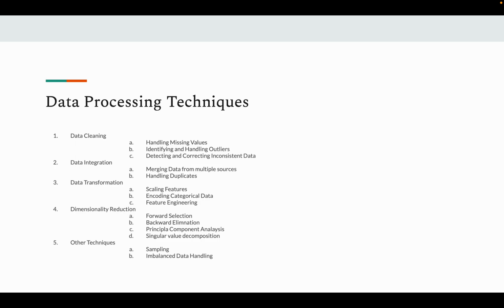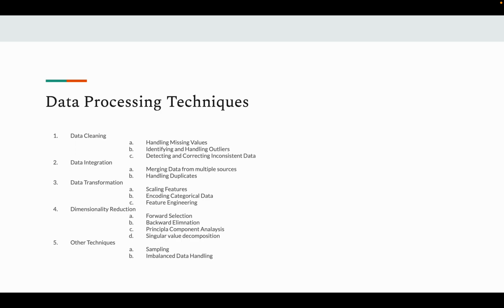Then we need to handle imbalanced data. One example of imbalanced data: consider we have a classification dataset where we need to classify dogs and cats. Consider it is image classification. The dog data may contain 10,000 records, while in the training dataset the cat data is very small, maybe only 100.